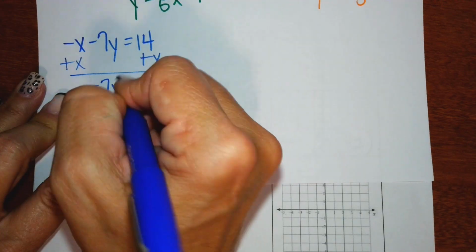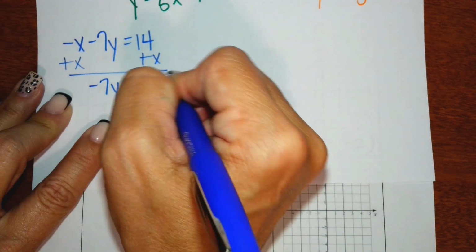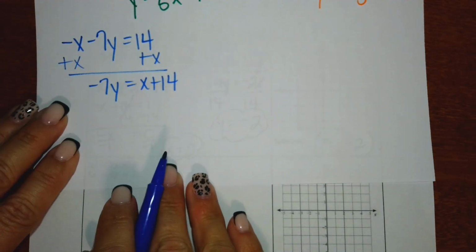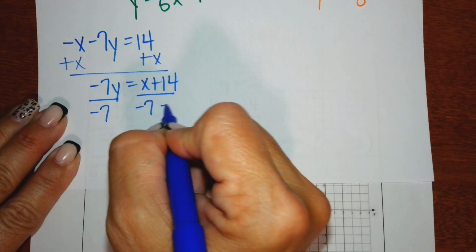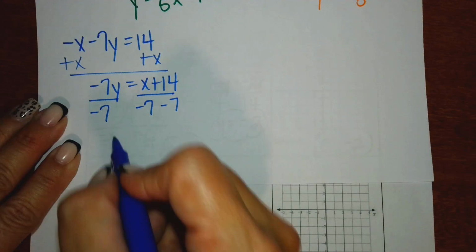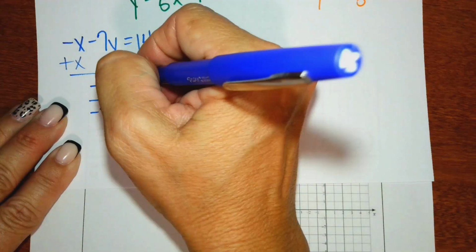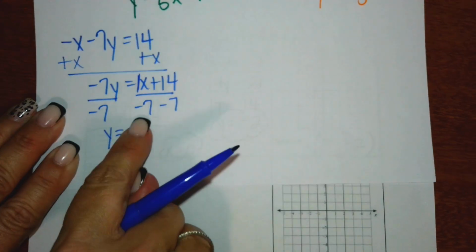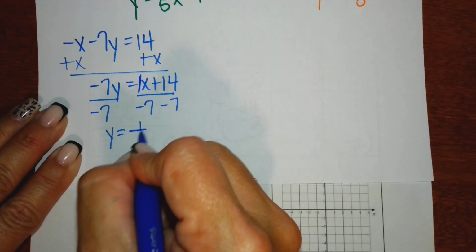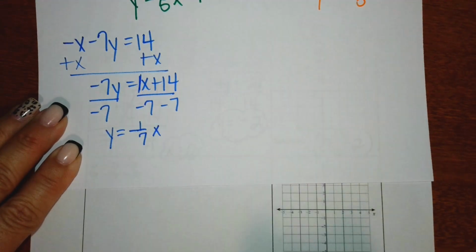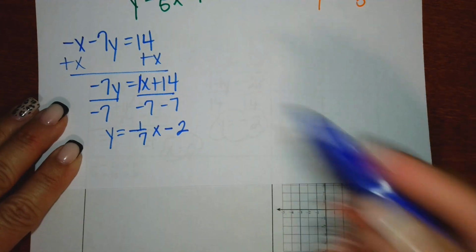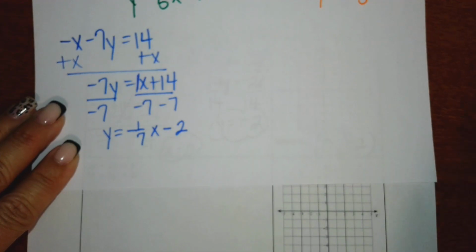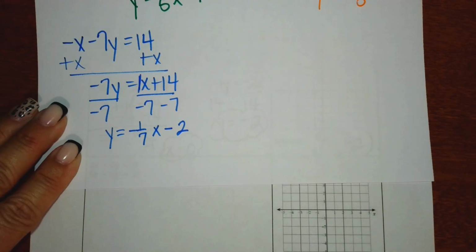We end up with negative 7y equals x plus 14. We're going to divide everything by a negative 7. And you have to remember there's a 1 in front of that x, so this becomes negative 1 over 7x minus 2. 14 divided by negative 7 is 2.